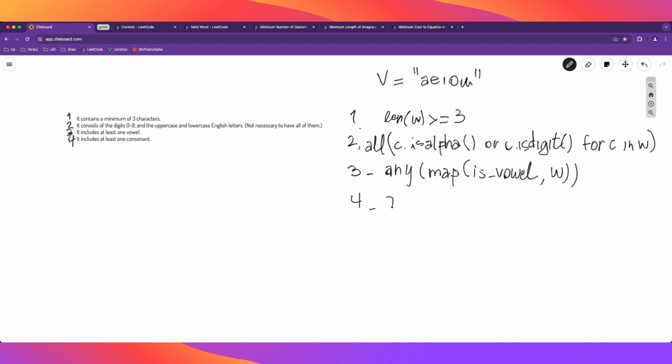And finally, the same thing but with is consonant.